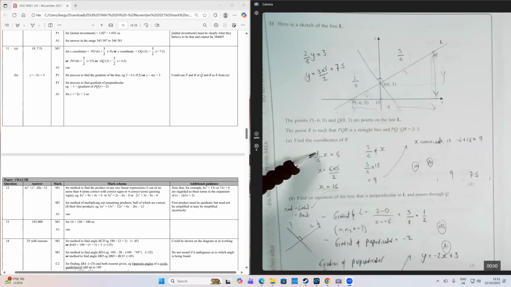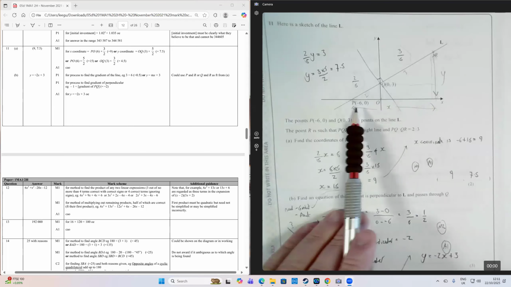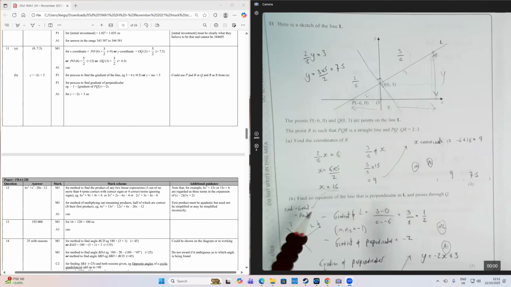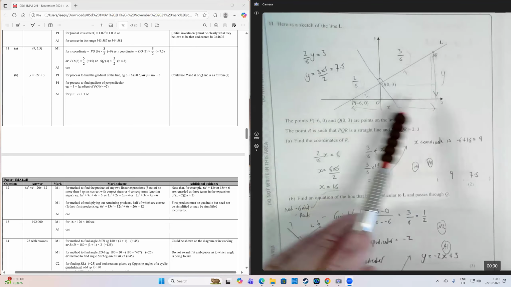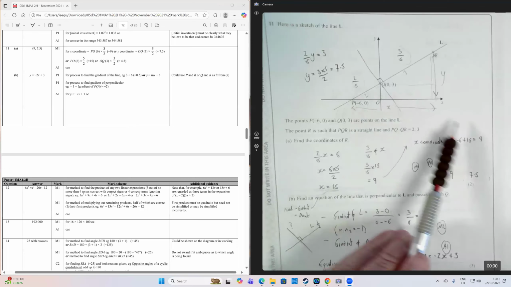So we times by 5 and divide by 2, and that gives us that X is 15. So the x coordinate of R is -6 add 15, which is 9.